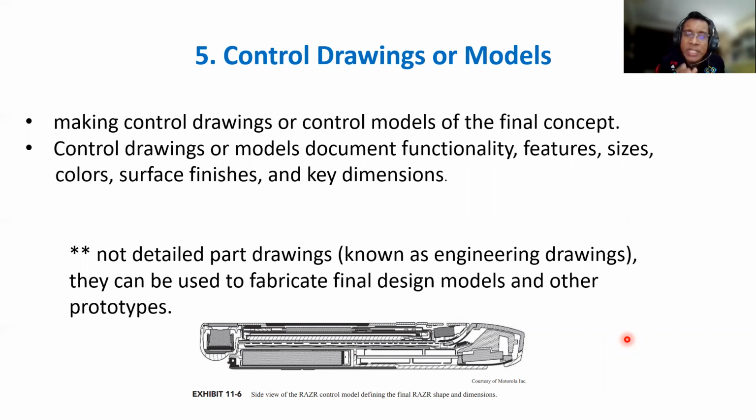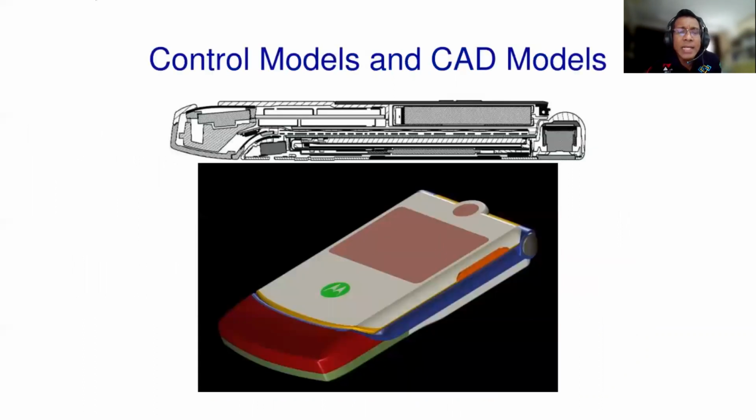Normally we call it an engineering drawing. This drawing can be used to fabricate the part, the final design model, or other prototypes. And then this drawing or model is given to the engineering team for detailed design of the part.